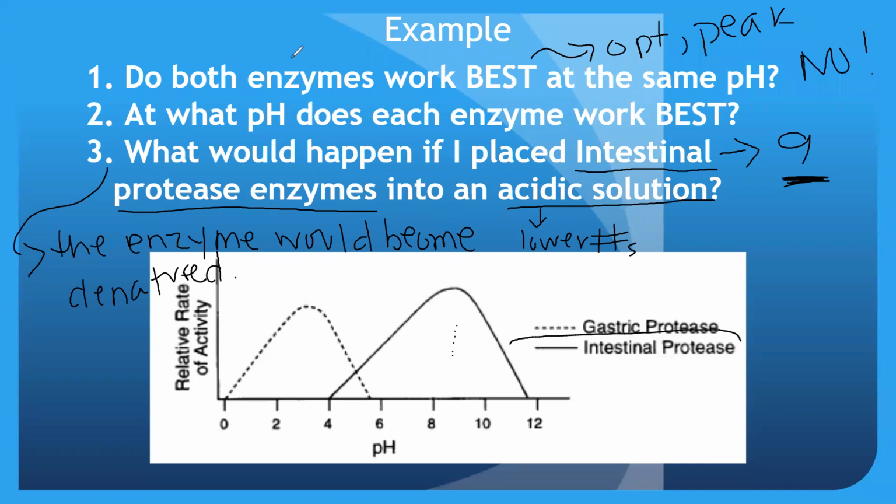Look at intestinal protease and look at where the activity is 0 at lower pHs. It's already not working at 4. So we already know that in acidic areas, it won't work. So the graph further supports our answer.